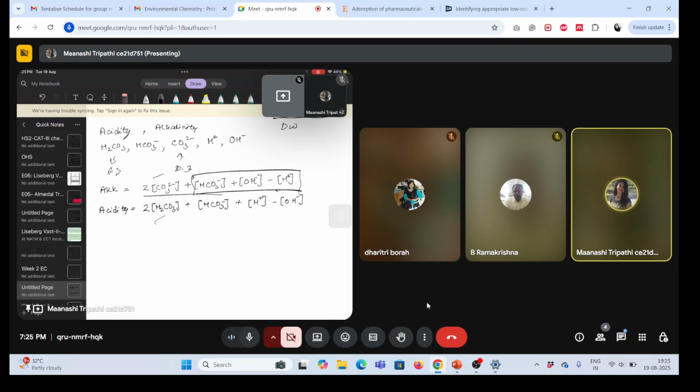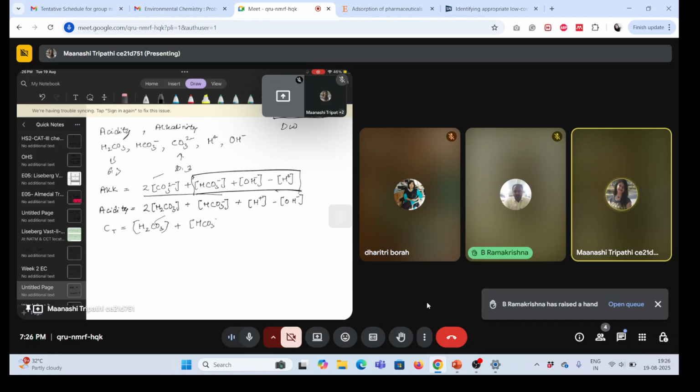So what is C total, the concentration of anything in total? If we add both the equations, C total is the sum total of all the species: H2CO3 plus HCO3 negative plus CO3 2 negative.